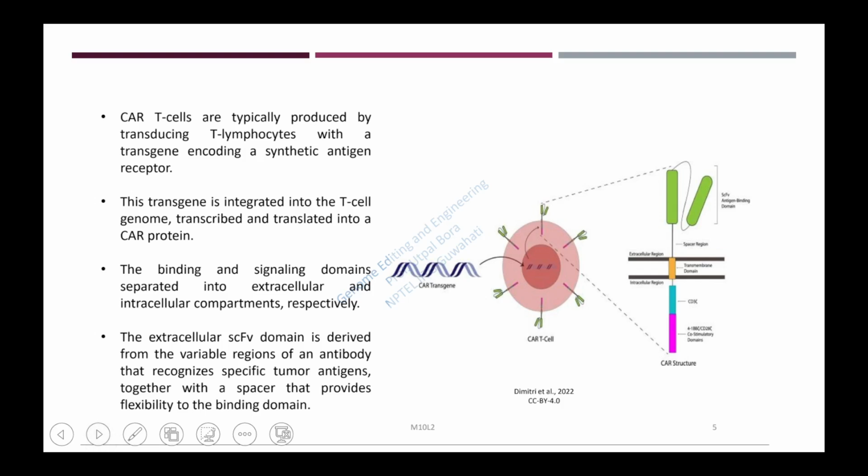Okay. So here you can see the CAR transgene. It will be referred to as a transgene because it is a fusion of three different portions.